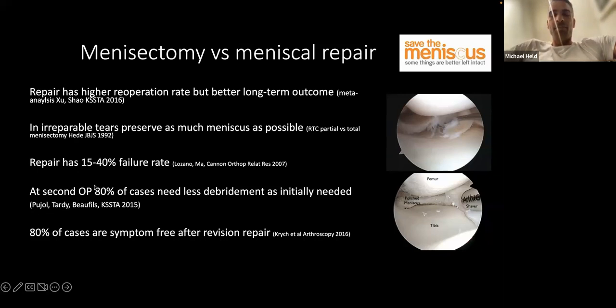So in 80% of the cases, at the second operation, you would debride less than you would have done in the first operation. That's why people say, if I'm in doubt, let me rather err towards repairing the meniscus, even if I have to come back and do a smaller procedure than I would have done initially. And most of them then are symptom-free after the second revision.